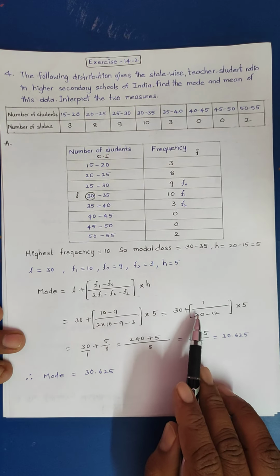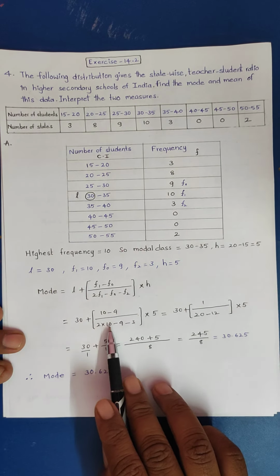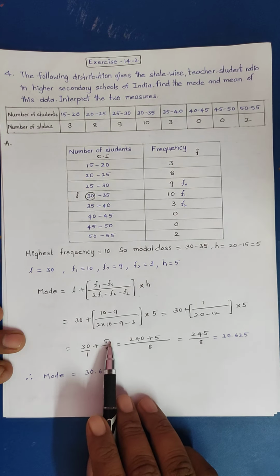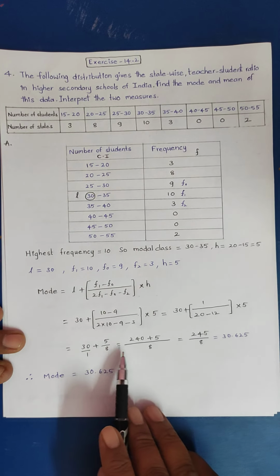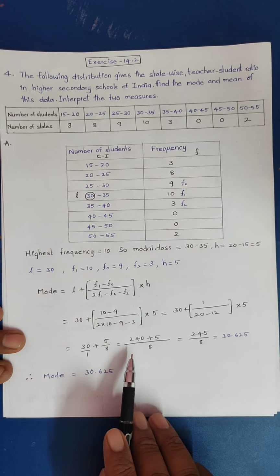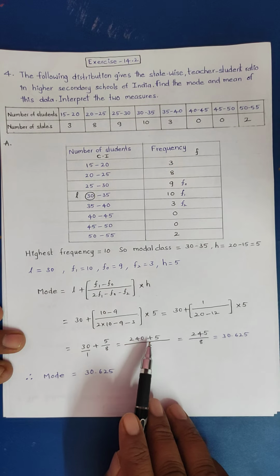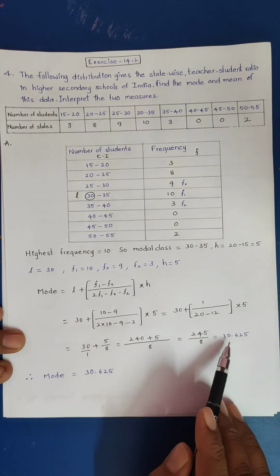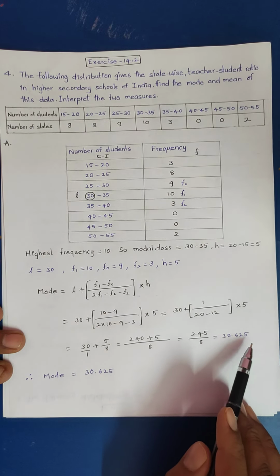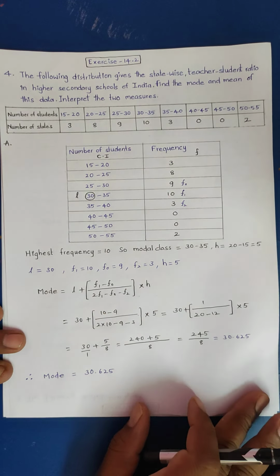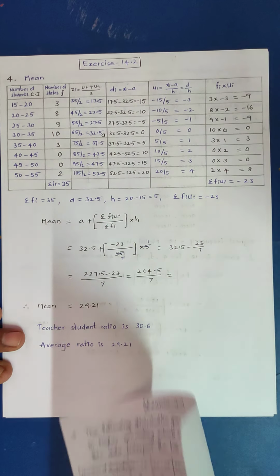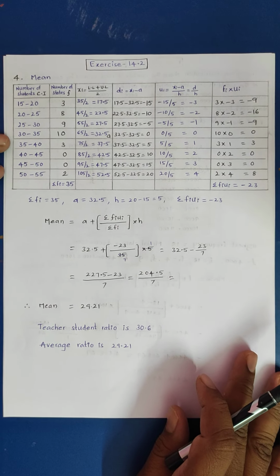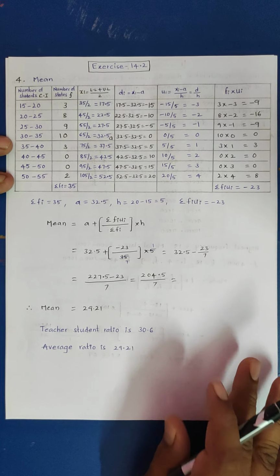Now 1 by 10 minus 9 is 1, 2 tens are 20 minus 12, 20 minus 12 is 8, 30 plus 5 by 8. 1 comma 8 LCM is 8, 1 8s are 8, 8 30s are 240 plus 5, 245 by 8. After division we will get 30.625. So mode is 30.625. Fourth one.